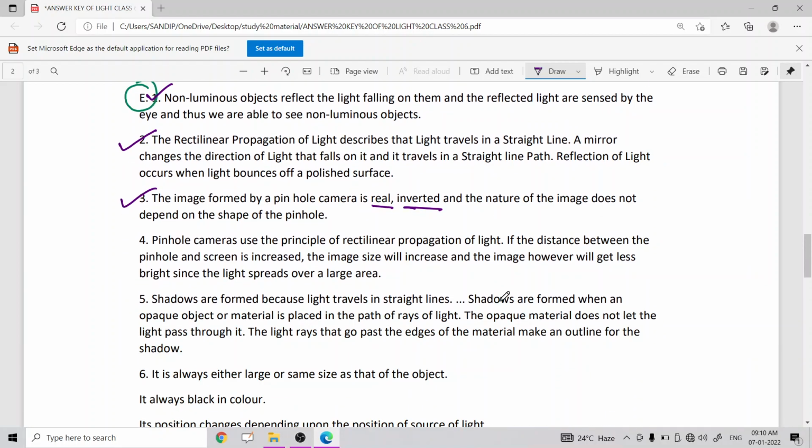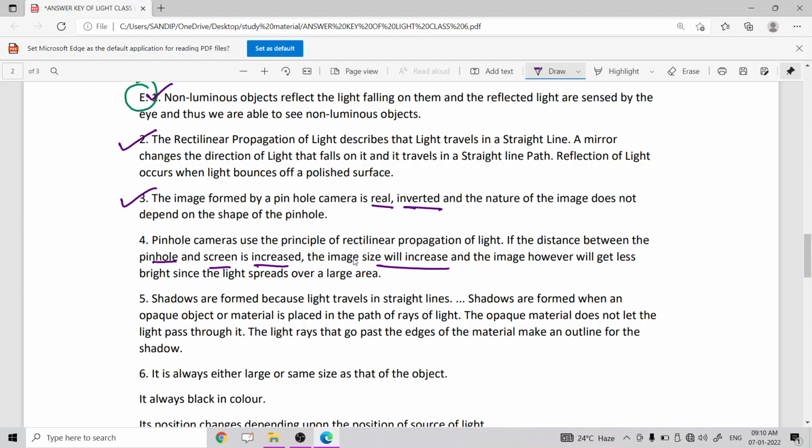Now the next one is question number 4: how is it possible to increase the size of an image formed by a pinhole camera? Generally, we can increase it if the distance between the pinhole and the screen is increased. If the distance between the pinhole and the screen is increased, then simply the image size increases, however the image will be less bright.